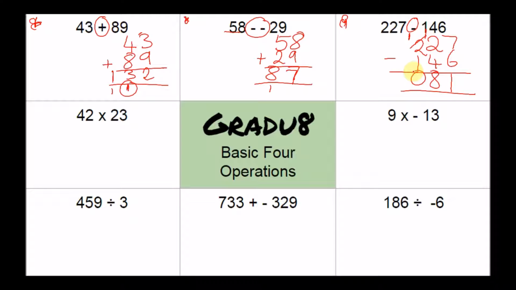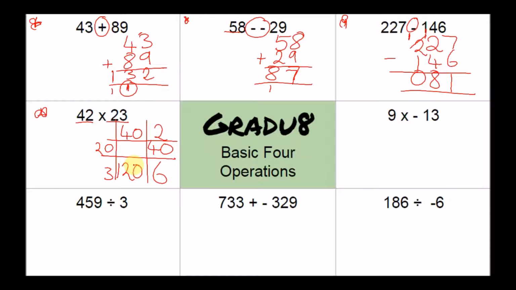I'm now going to move over to this times question over here, and I've got 42 times 23. Now, for ease on this one, I'm going to break it down into a grid. So we're going to do 42 times 23. Okay, and you can see my grid method as follows. Look how I split my tens and my units up to help me answer this question. I'm going to start with the easy one down here. 2 times 3 is 6. 2 times 20 is going to be 40. 3 times 40 is 120.